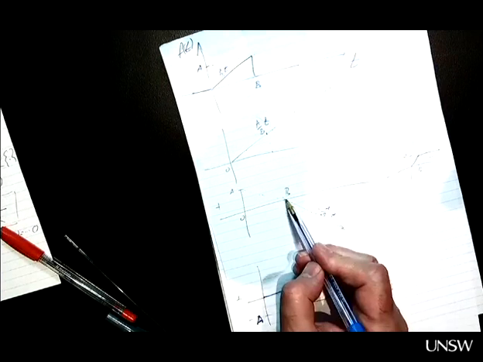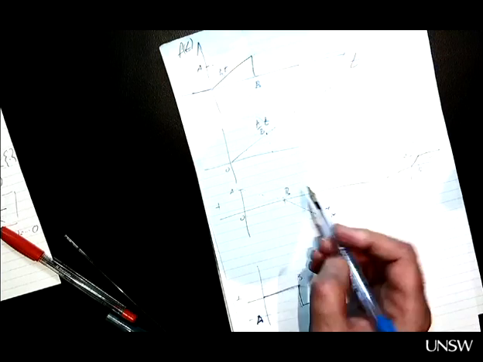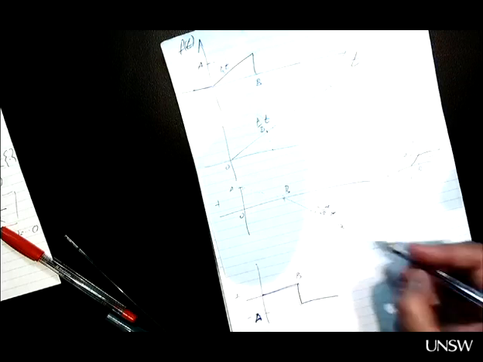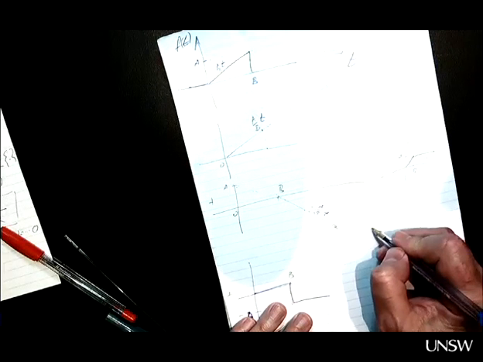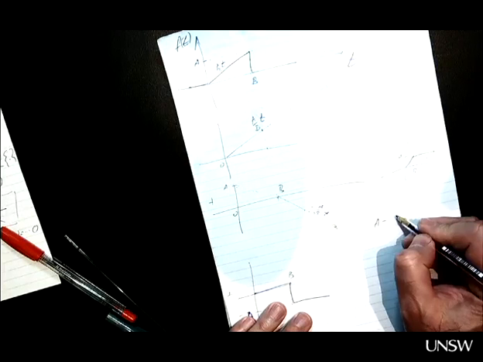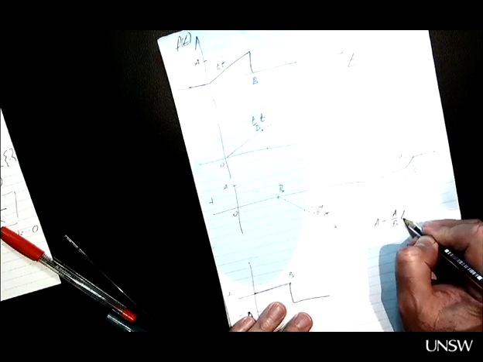Because if this is B and the slope is A over B, or minus A over B, so when expanded, it crosses the vertical axis at A, capital A. So this function only, the way it is written, will be A minus A over B t.